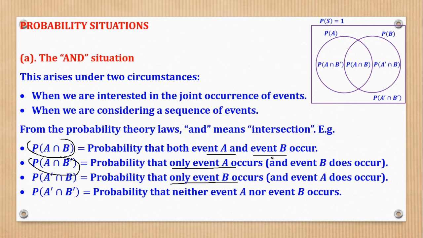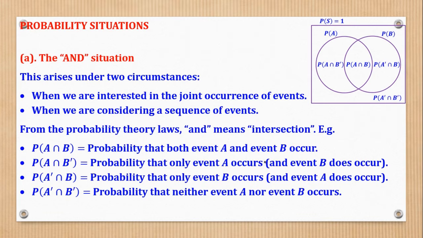Now what you see in brackets, it means it is optional. So a question can say, find the probability that only event A occurs, and stop there. Or it can say, find the probability that only event A occurs and event B does not occur. So it is up to the examiner to choose whether to complete the statement or to only write it up to here.